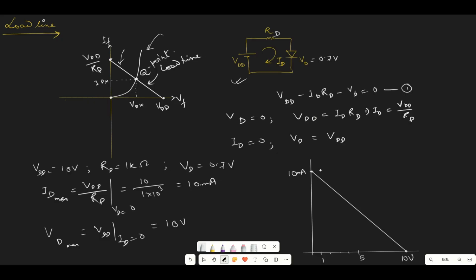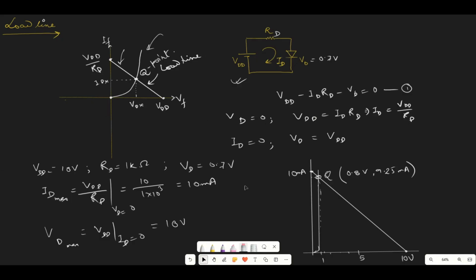So it will be somewhat like this up to this point, and then somewhere around like this. So the Q point will be given by this value. Using proper scale, this value will be coming as 0.8 volt and the current will be around 9.25 milliampere.